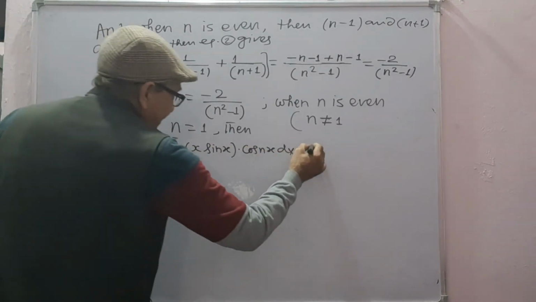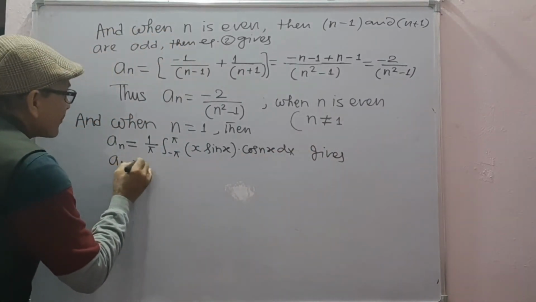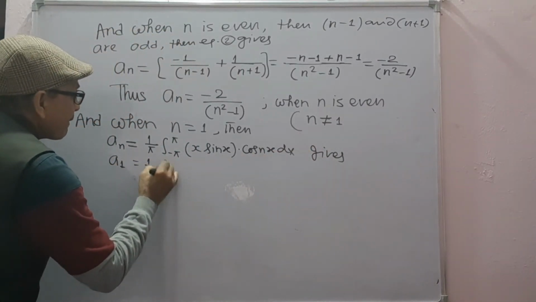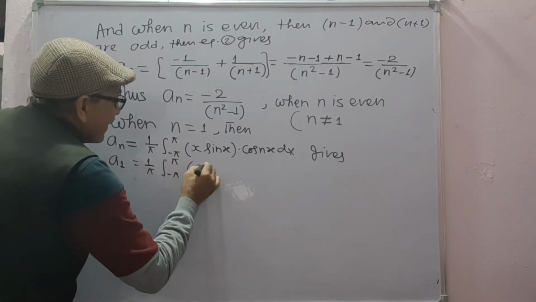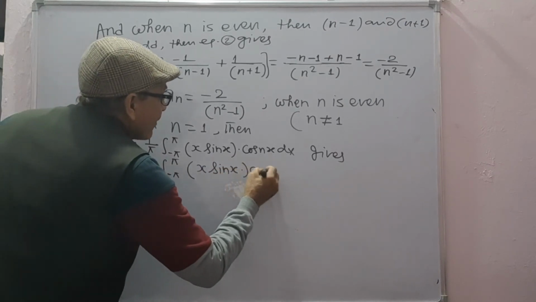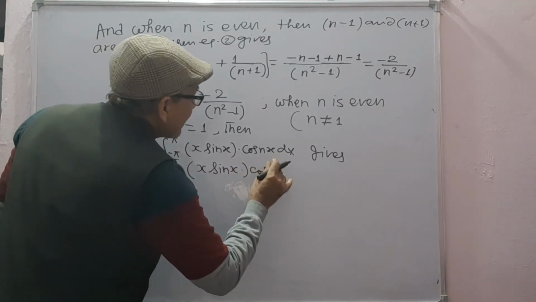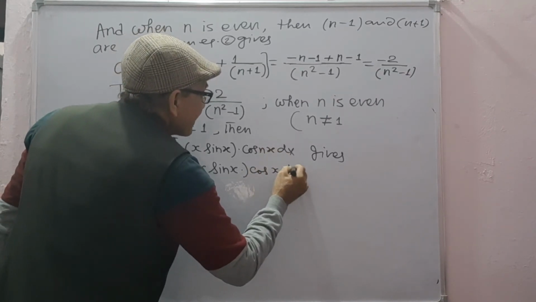This gives a1 is equal to 1 upon pi integral from minus pi to pi of x sin x into cos x, since n becomes 1, dx.